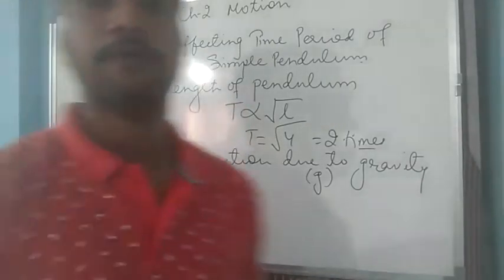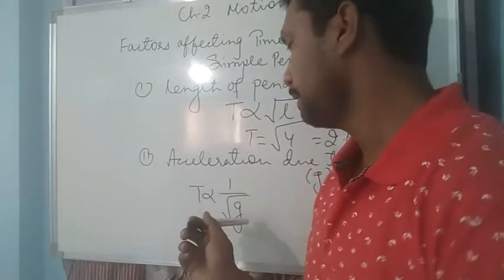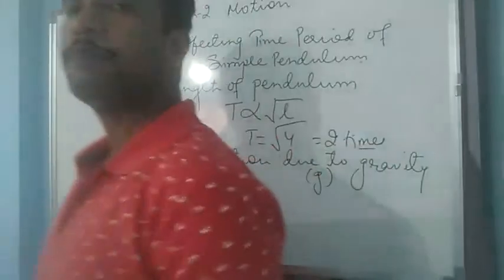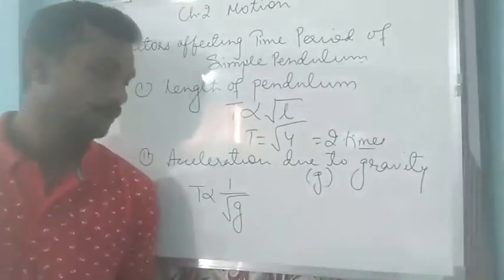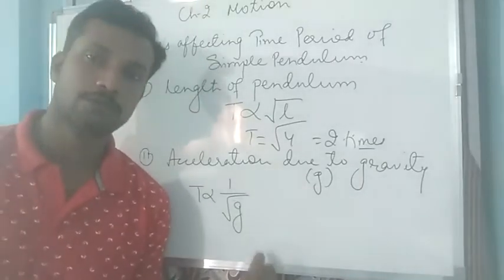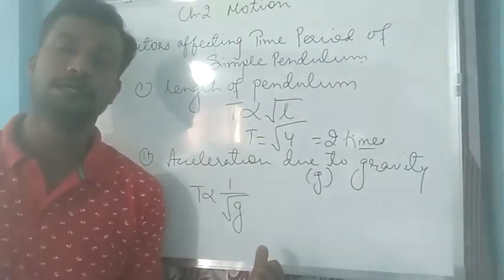That means when we increase the acceleration due to gravity, the time period of a pendulum will decrease. Since it is inversely proportional, on increasing acceleration due to gravity, time period will decrease, and on decreasing, time period will increase.